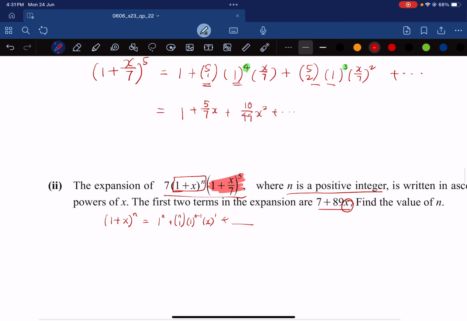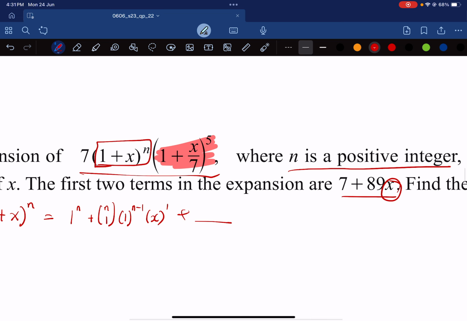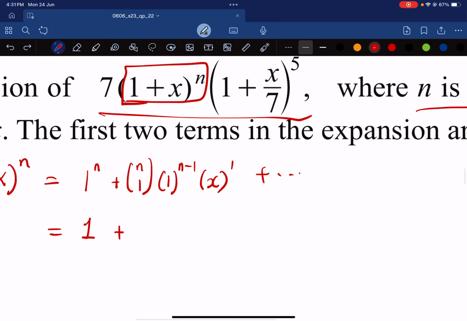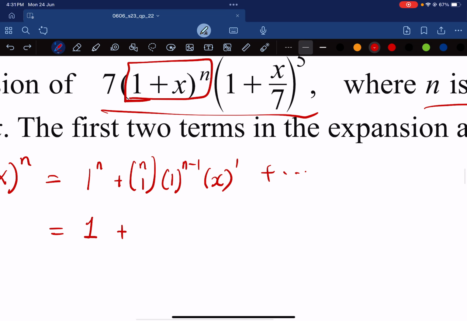If the next term is the x squared term, it won't contribute to this 89x, because the powers of x here are all non-negative. So yes, the second term is enough, plus dot dot dot. 1 to any power is 1. N choose 1, we have n ways. So nx plus dot dot dot.